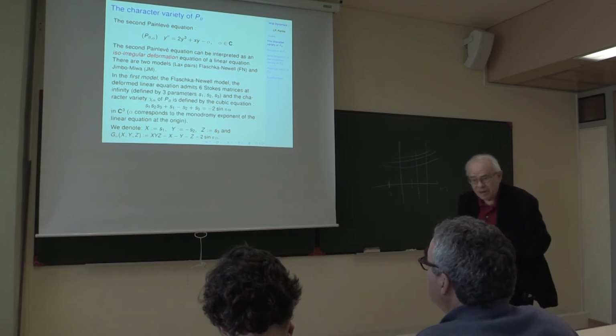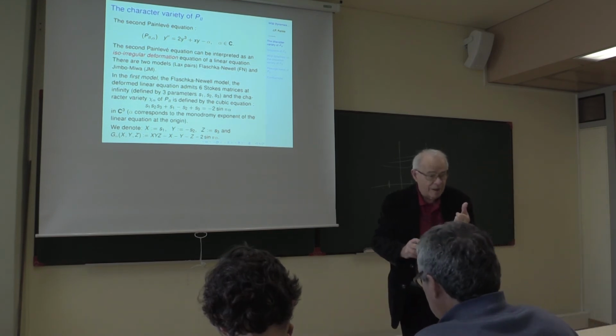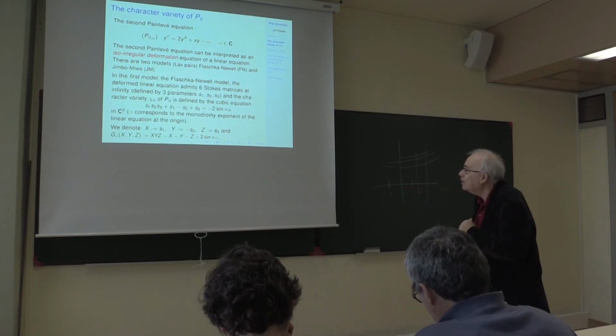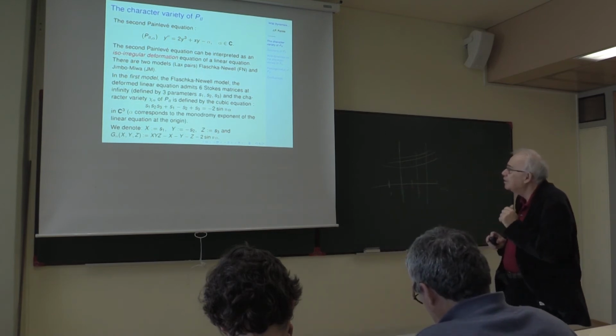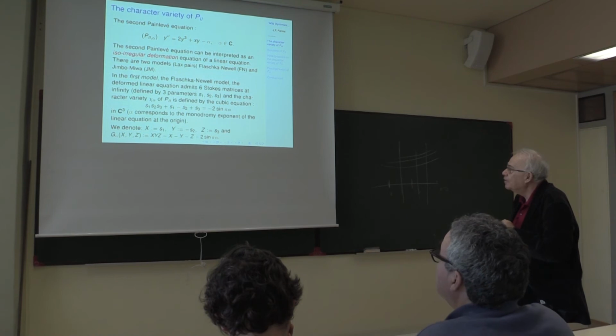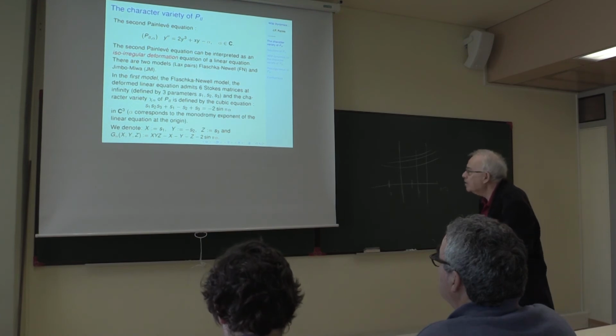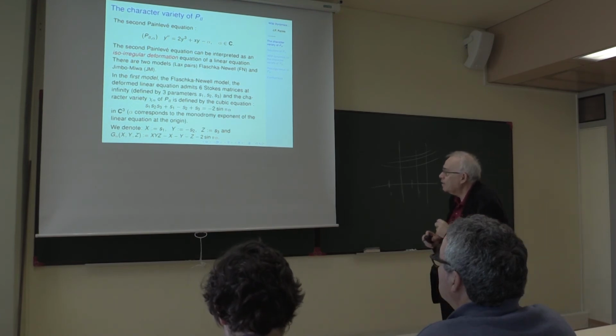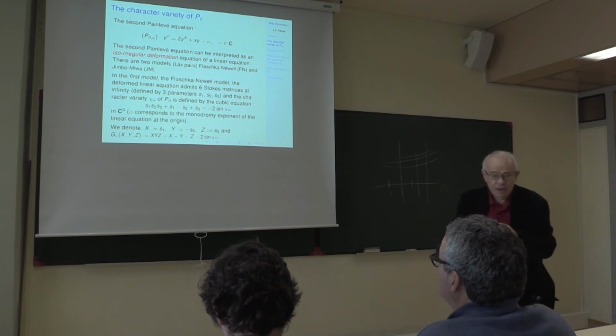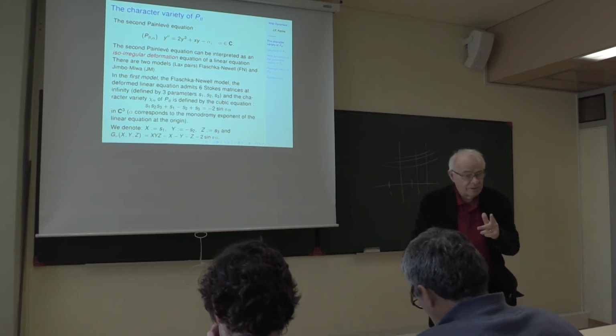For the second Painlevé equation, you have only one parameter, alpha, and so it can be linearized. In the Flaschka-Newell model, the deformed linear equation admits 6 Stokes matrices at infinity, but in fact there are only 3 parameters.